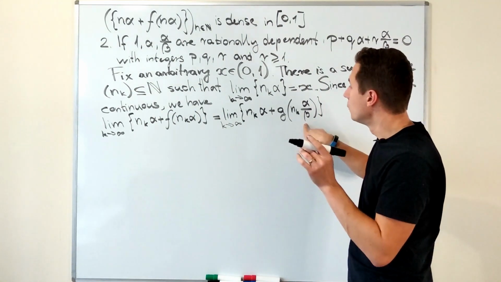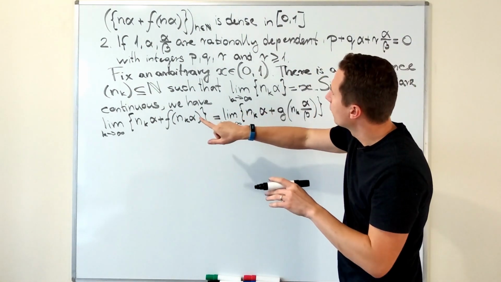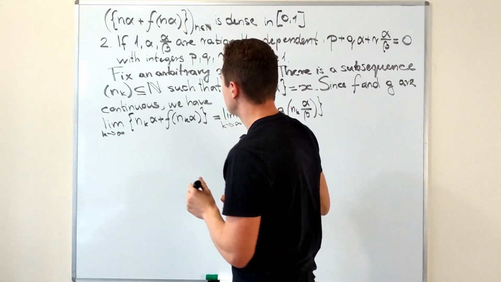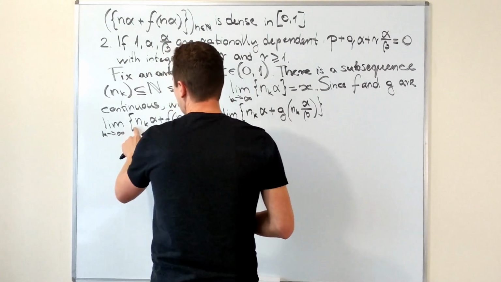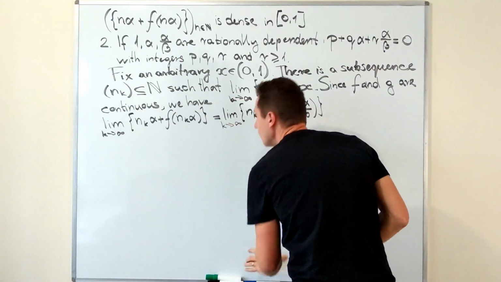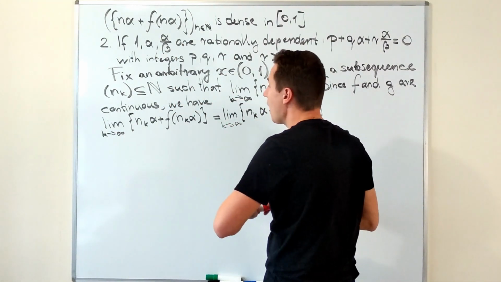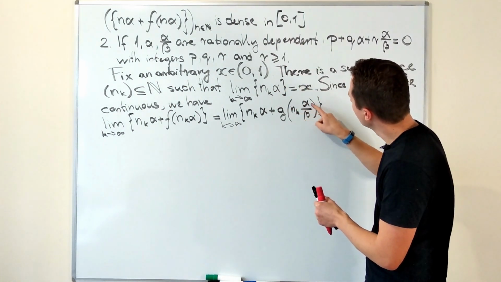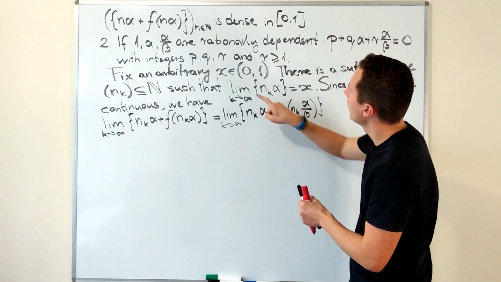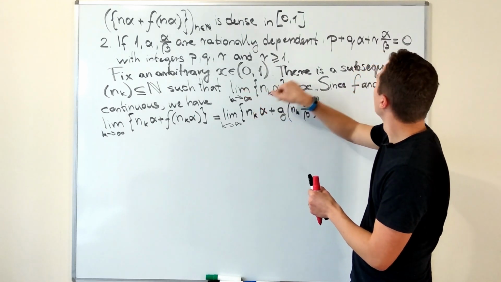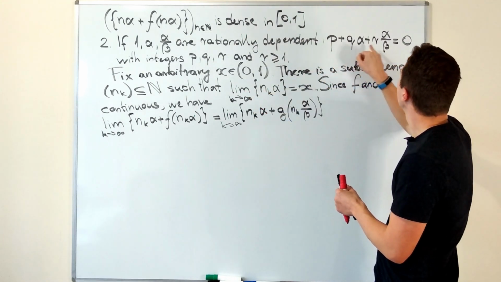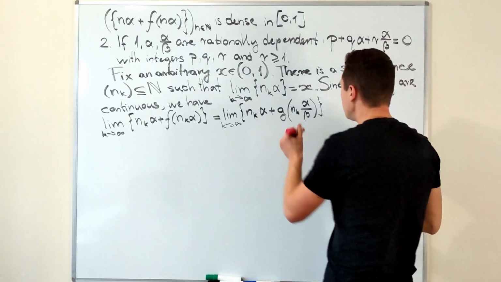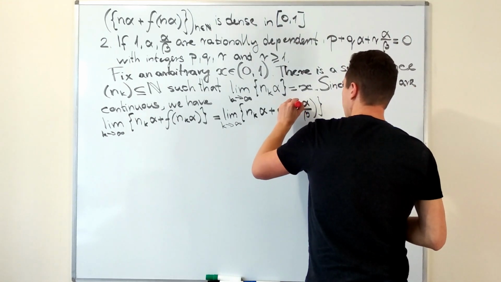Oh, I forgot to do something. What I wanted to do, instead of just considering this subsequence, is multiply each of these expressions by r. At this point, you see that there's alpha over beta here, and I have this relation between 1, alpha and alpha over beta, but that is multiplied by r, and I want to use that. So let me just make a correction here.